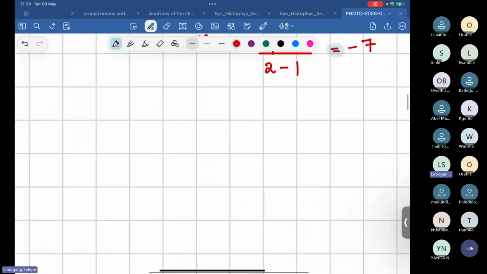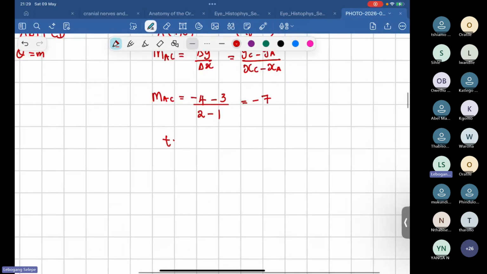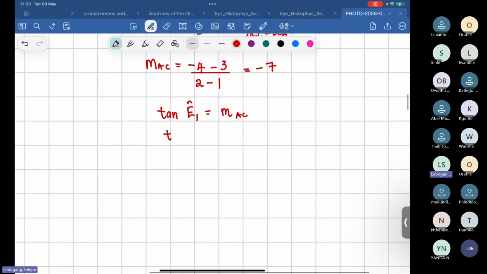So now we are saying tan of the angle E1 should be equal to the gradient of AC. Substitution, this is going to be tan of E1 is equal to negative 7. E1 is going to be equal to arctan negative 7.